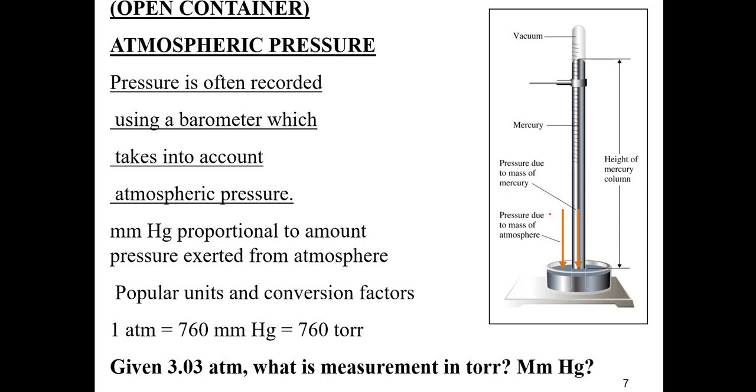Now, when we look at pressure in an open container, such as the atmosphere, we need a way of measuring it. So here I'm drawing gas particles, and I just said that they're forced down by gravity and they're applying a pressure.